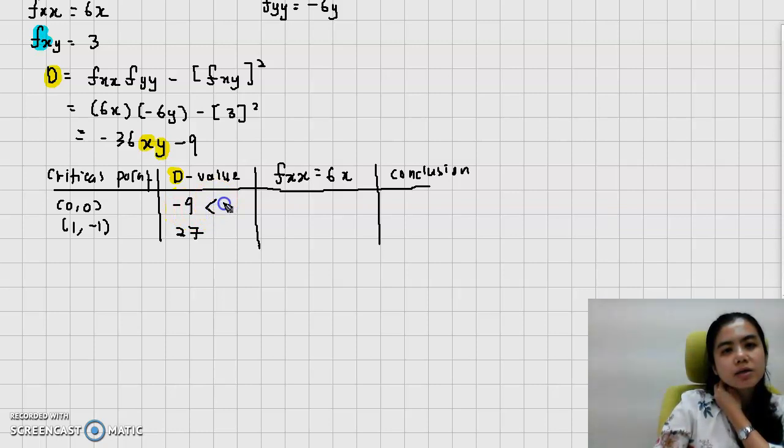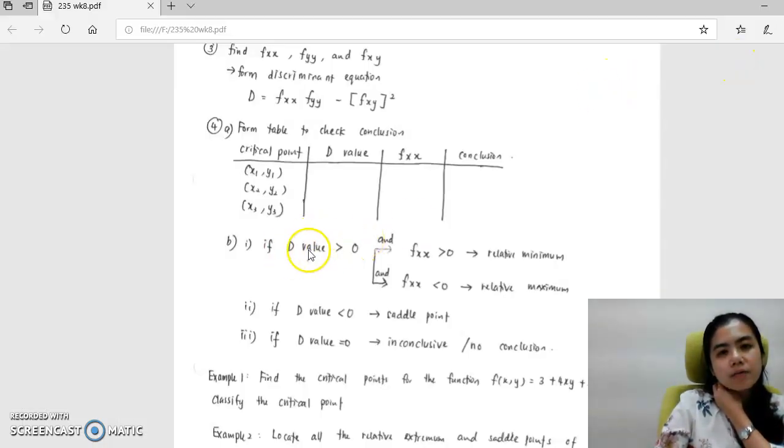It's negative 9, confirmed less than 0. You don't have to find this. So the conclusion is saddle point. But for this one, you have 27 greater than 0, that is your D value greater than 0. You have to look at the fxx value, because you either end with relative minimum or relative maximum.